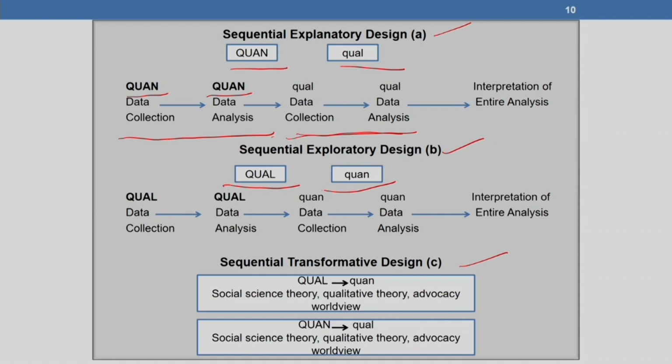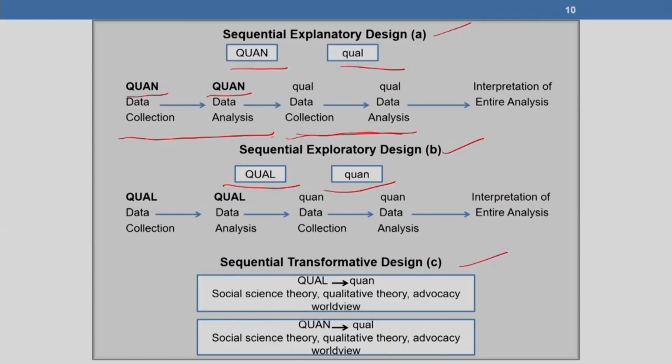Both these designs, the sequential explanatory design and the sequential exploratory design, may or may not have an explicit theoretical lens, because a lot will depend upon the findings coming from each of these phases, which will then go on to explain theories. However, they may or may not come up with any explicit theoretical lens.